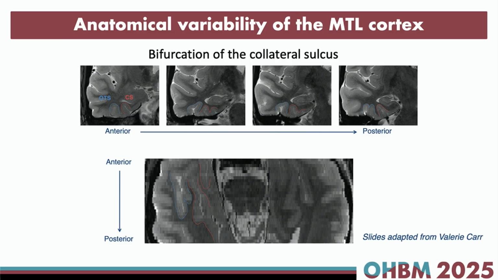And then you can look in the axial view to see that's because there's one collateral sulcus coming in from the anterior part, then it jumps over and starts again more lateral to that. We would classify both of those sulci as part of the collateral sulcus and probably have both of them have perirhinal cortex neurons. But you can imagine how much of a headache this is for us as imagers in trying to understand the functions of these regions if they're so variable across people.